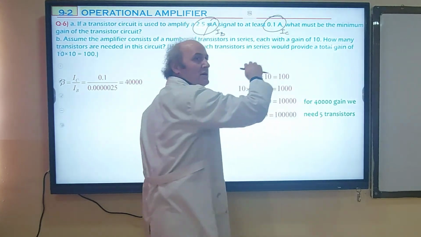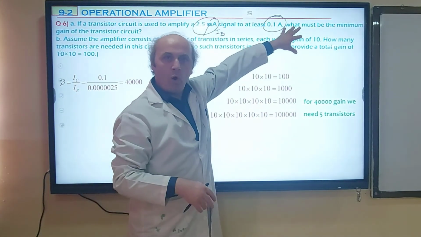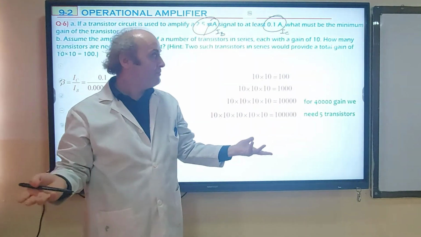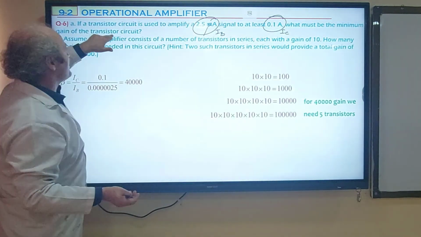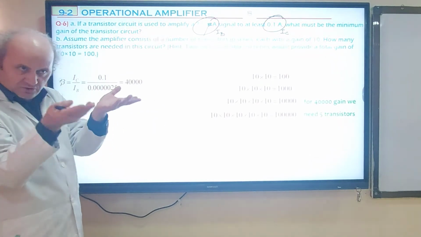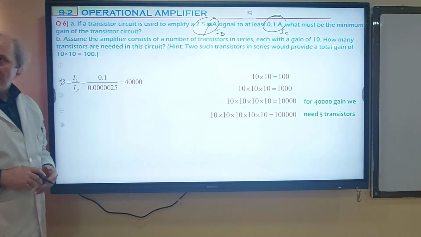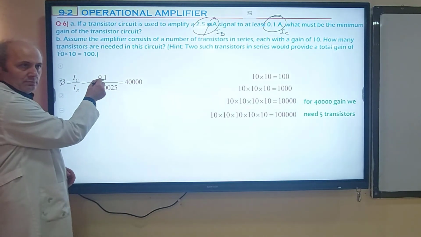So we are amplifying 2.5 microampere to 0.1 ampere, but how? By using transistors, of course. What must be the minimum gain of the transistor circuit? In this circuit there may be more than one transistor. How can we calculate the current gain beta? IC divided by IB. IC is 0.1.